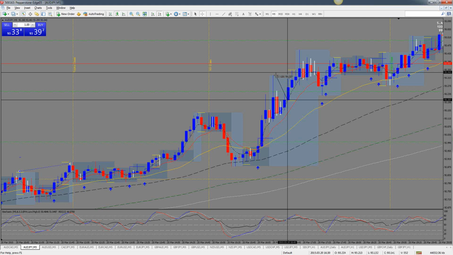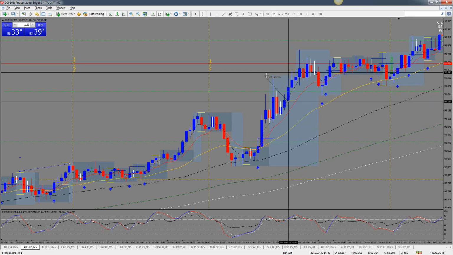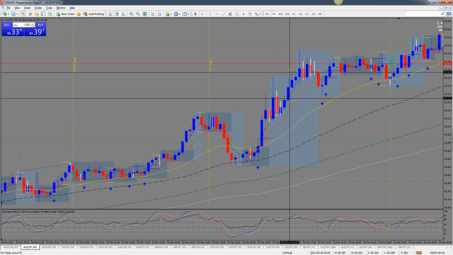You could have stayed in it up to the top of this swing high that was being created at the time. It was created by this candle here. So you could have stayed in it to there, which was 13 pips. Or you could have taken your money, taken your 4.5, 5 pips and got out, which is what I would normally do.